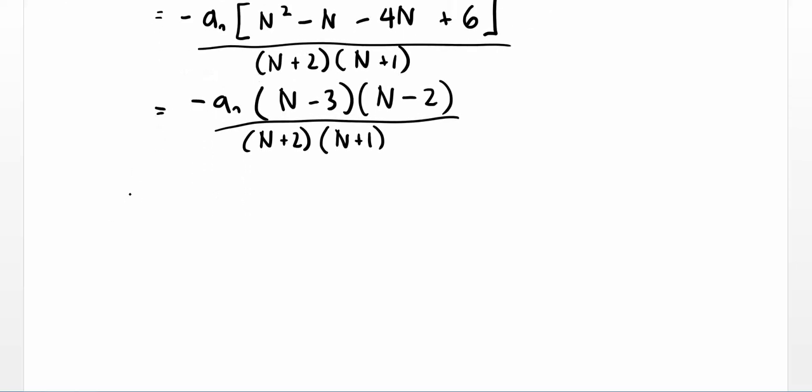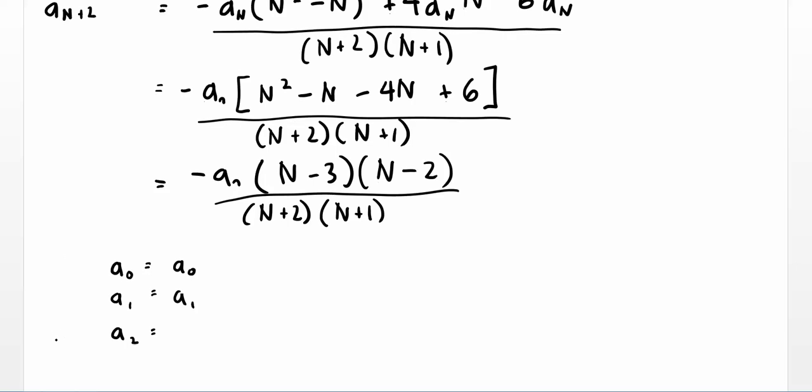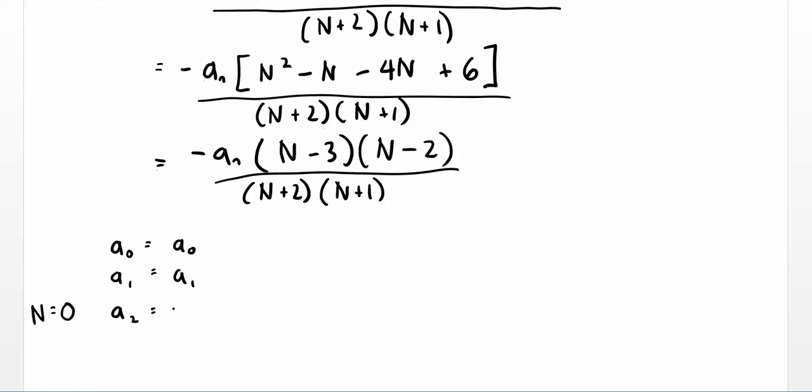Again, like before, we'll say a sub 0 equals a sub 0, a sub 1 equals a sub 1, a sub 2, well, that's corresponding to capital N being 0 now. A sub 2 is equal to negative a sub 0 times capital N is 0, so we're going to plug in 0 everywhere here.